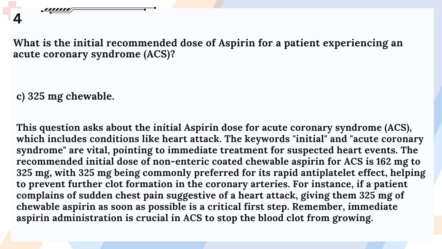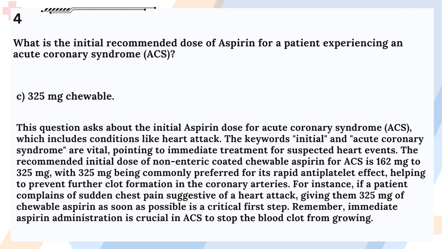This question asks about the initial aspirin dose for acute coronary syndrome, ACS, which includes conditions like heart attack. The keywords initial and acute coronary syndrome are vital, pointing to immediate treatment for suspected heart events. The recommended initial dose of non-enteric-coated chewable aspirin for ACS is 162 mg to 325 mg, with 325 mg being commonly preferred for its rapid antiplatelet effect, helping to prevent further clot formation in the coronary arteries.